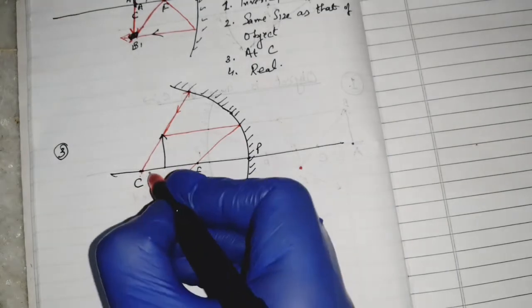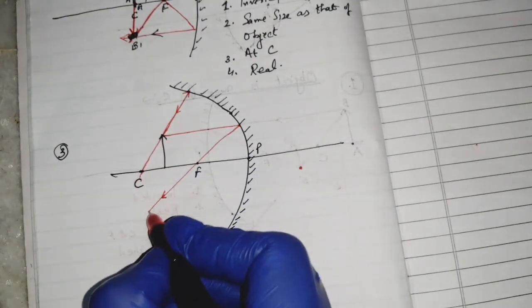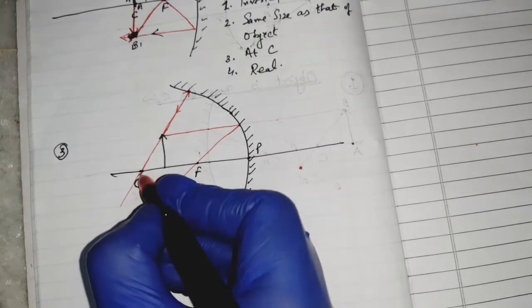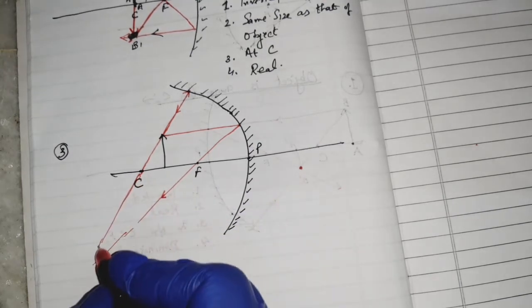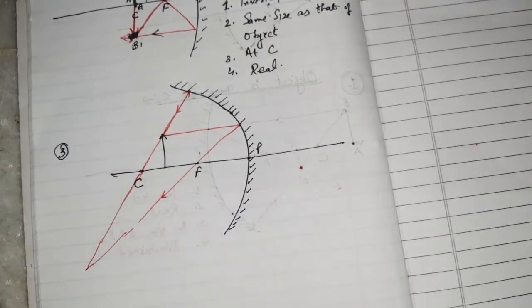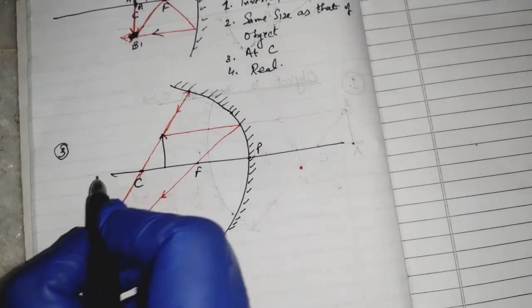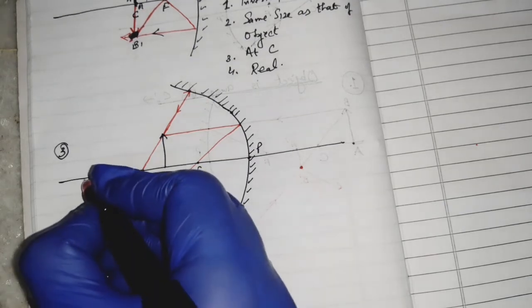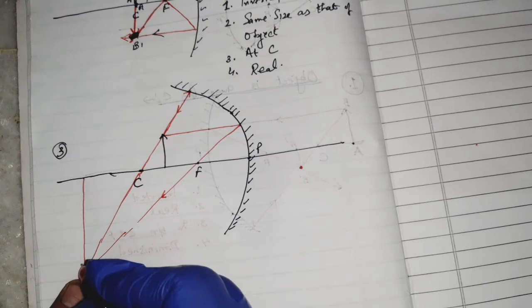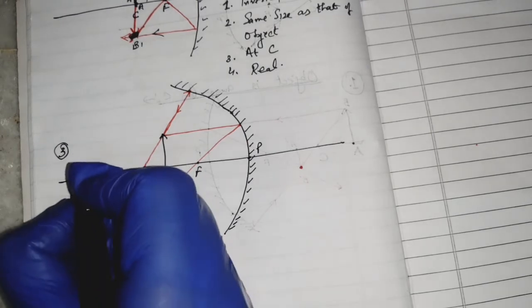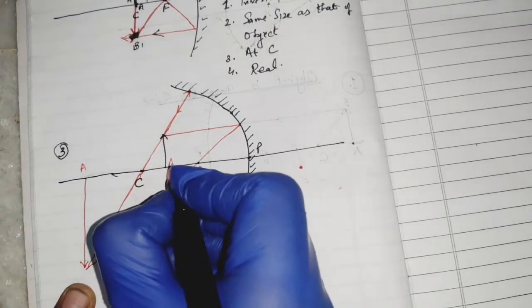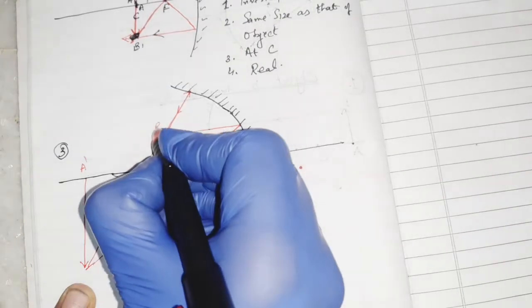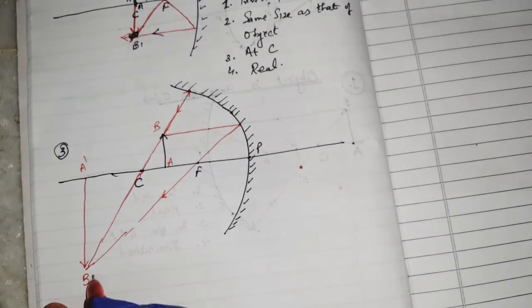Now it goes back, back, back. Now again, both the rays after reflection actually meet at a point. So a large image is formed. This is A, so it must be A dash. This is B, it must be B dash.